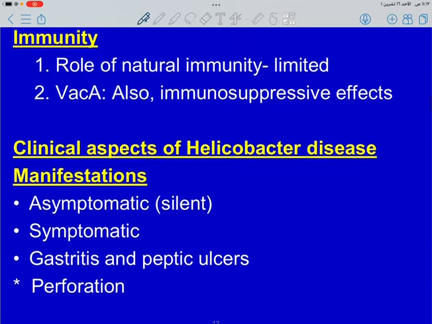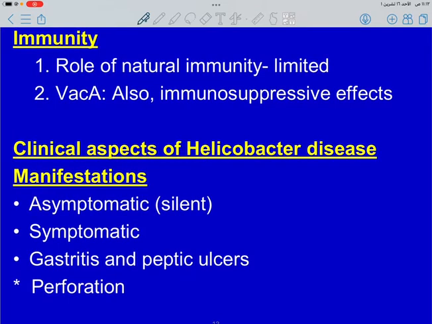The role of immunity, the role of natural immunity is limited. As you know, the microorganism is highly virulent. Its pathogenesis is very high, so innate immunity has limited value.